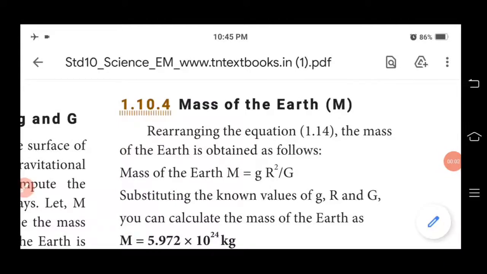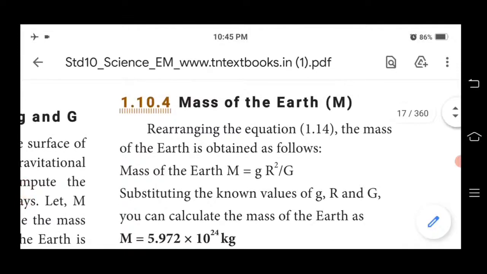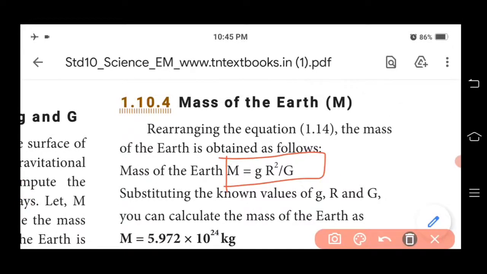Mass of the earth M equal to g R square divided by capital G. So here g is acceleration due to gravity, R is radius of the earth, and capital G is universal gravitational constant.